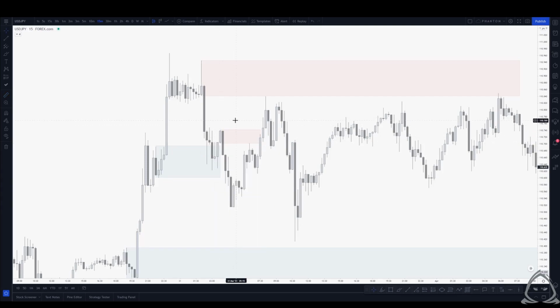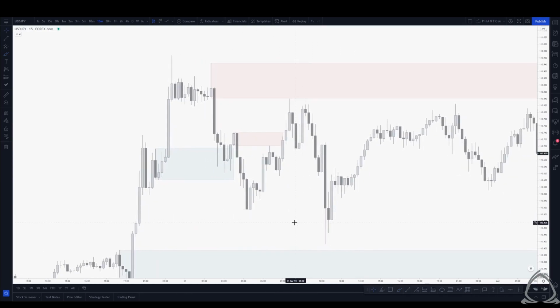There are times when using a refined zone is more advantageous from a risk to reward perspective, and there's times when you need a larger zone, especially if you're looking at something a little bit higher time frame and you're waiting for price to return into that zone, and then you're looking at lower time frame order flow to actually get involved. Again, we'll go through all of that, but just to get your mind thinking about some of these things.